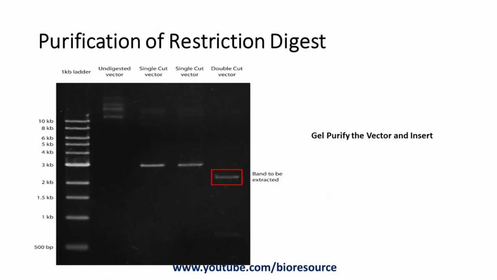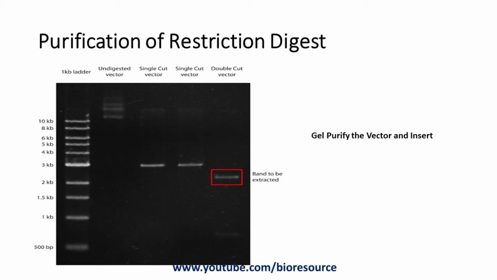Let's see the analysis of the restriction digest and the product purification. After the restriction digestion reaction, the reaction mixture is run on an agarose gel to visualize the bands, and the band of interest is excised from the gel for gel extraction. So once the restriction digestion reaction is complete, the product needs to be purified.